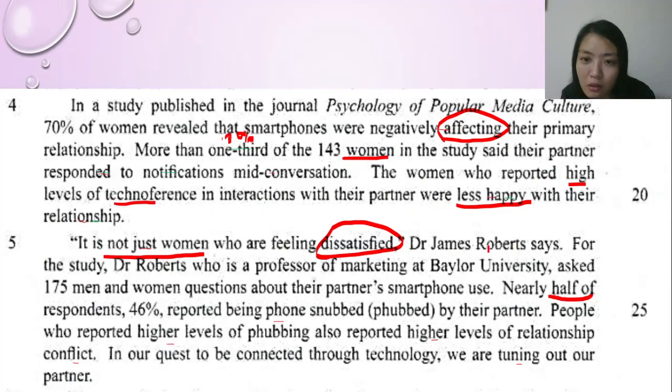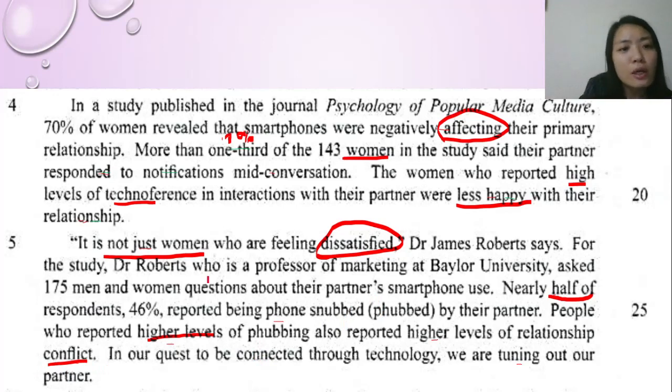And then Dr. James Roberts says people who reported high levels of relationship conflict, so when there's conflict, people are less happy. So I think the answer is somewhere around here. People are not happy when other people are using handphone.